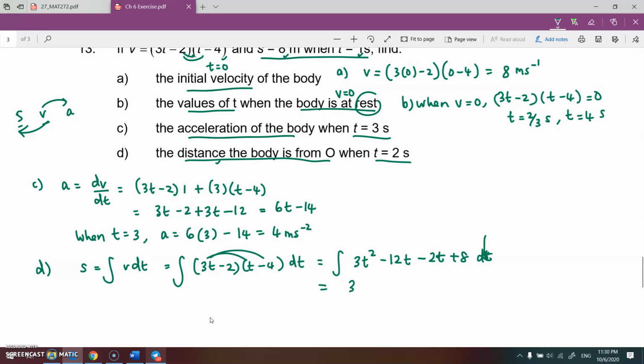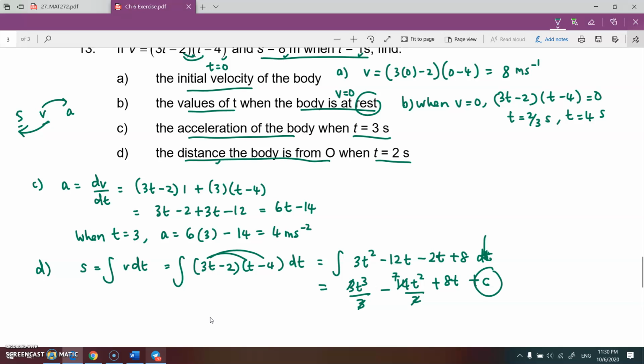So we get 3t cubed over 3, minus 14t squared over 2, plus 8t plus c. This one we can just simplify. So we get t cubed minus 7t squared plus 8t plus c.